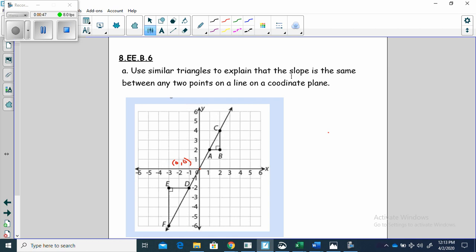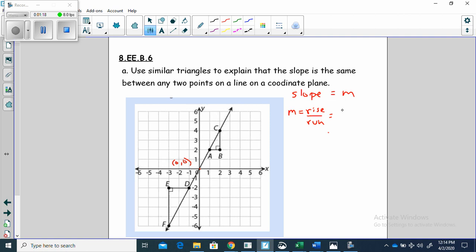Okay, let's remember a few things about slope first. We use the letter m for slope. Now, there's lots of ways to look at slope. Slope can be thought of as rise over run, which tells you how much a line goes up or down, how steep it is, how much it rises over the same amount that it runs.